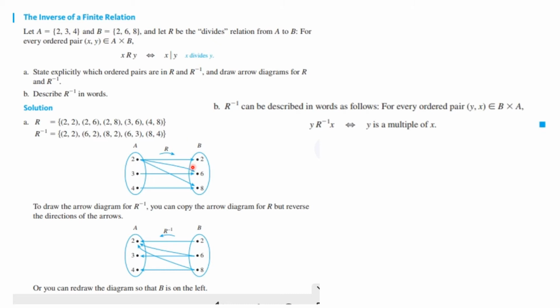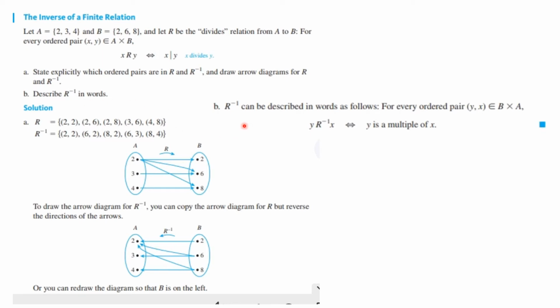If we draw an arrow diagram, this is not necessarily a digraph, but it shows the relation R. 2 is related to 2, 2 is related to 6, and 2 is related to 8, and so on. If we draw the arrows in the other direction, we have the inverse.